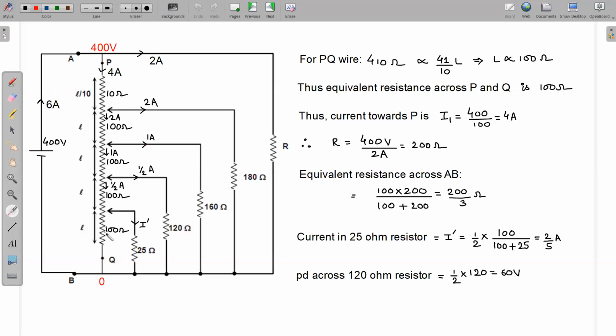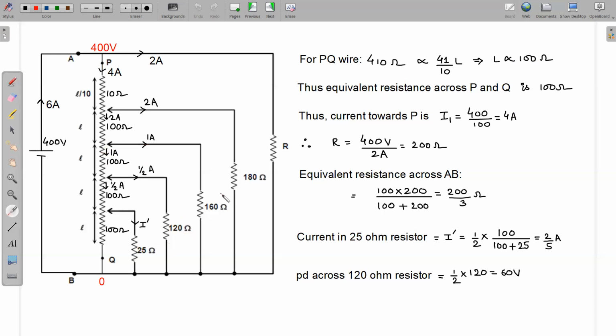Now across PQ, you can see that this resistance is 100 and this is 25. So 100 and 25 will be in parallel, whose equivalent comes out to be 20, right? 125 in parallel gives a resistance of 20 ohms. Again, this 100 and the equivalent of 20 gives a total of 120. This 120 ohm and this 120 ohm will again be in parallel, which corresponds to 60 ohms, which is in series with this 100, so the total will be 160.